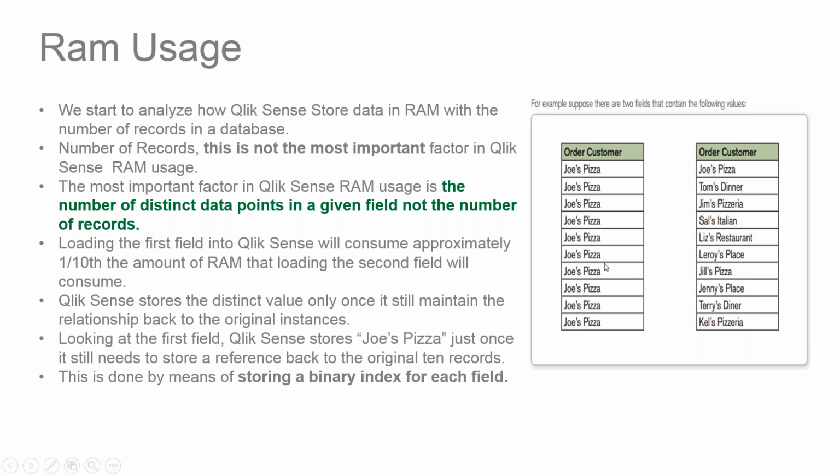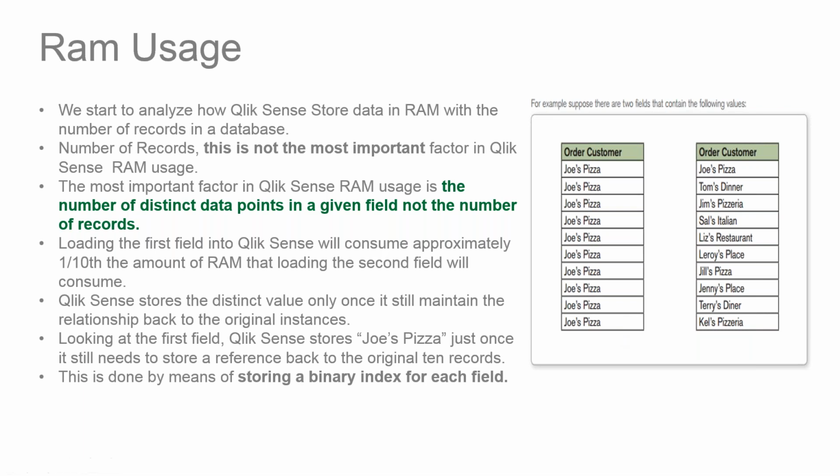Let's suppose a customer name is repeated 1,000 times because the customer has done 1,000 transactions. I don't want to store his name 1,000 times. What I'll store is, say, Joe's Pizza, only one time. All other 999 times it would be stored in a binary format.